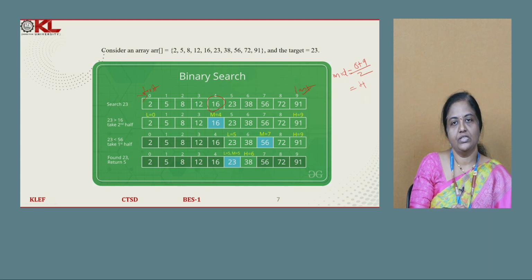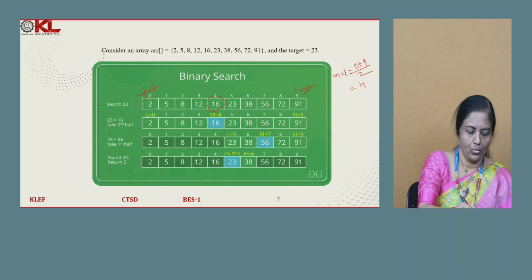In the first iteration, compare your target value to be found, that is 23, with 16. Is 23 less than 16? No. Is 23 greater than 16? Yes. 23 is greater than 16.